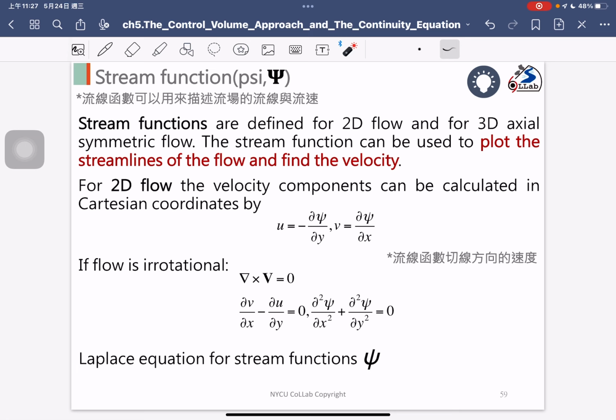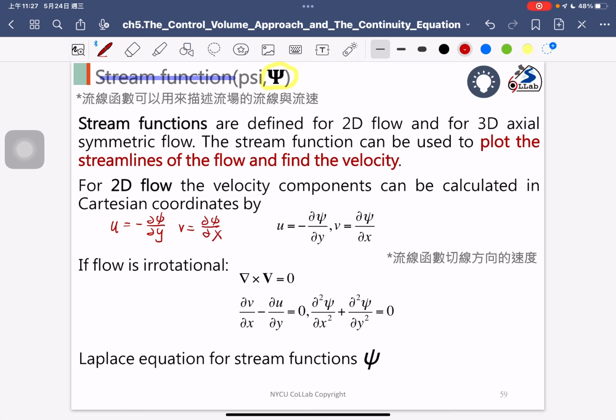As I mentioned in the previous slide, I taught you how we can determine the stream functions. Here I define a variable psi, and I decide that the u velocity equals minus dpsi/dy, and the v velocity equals dpsi/dx.